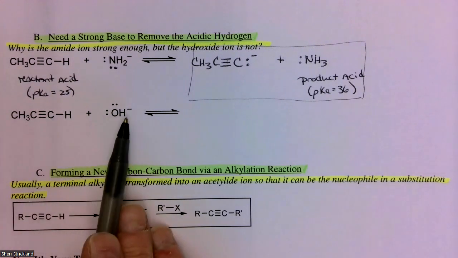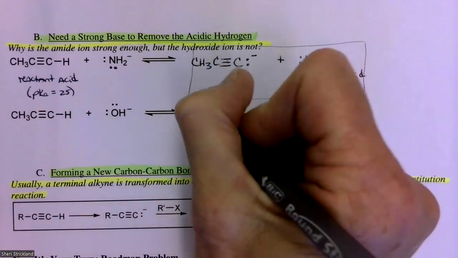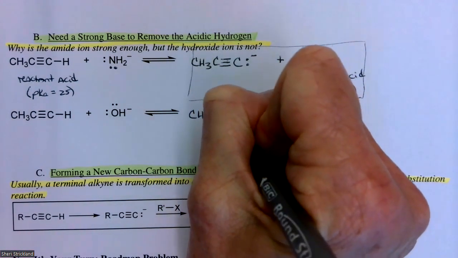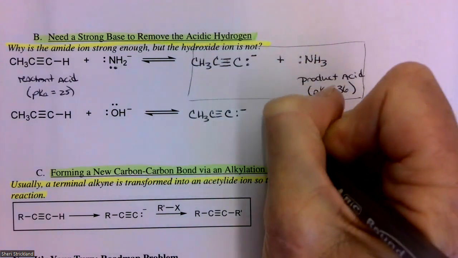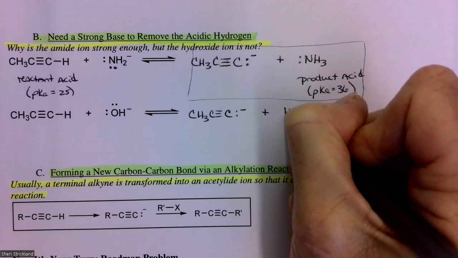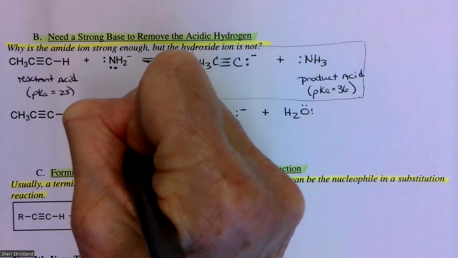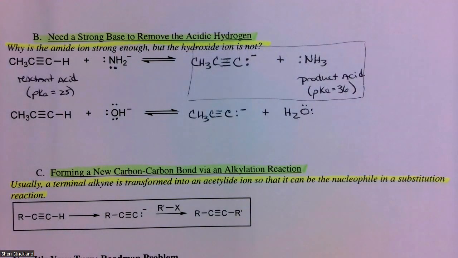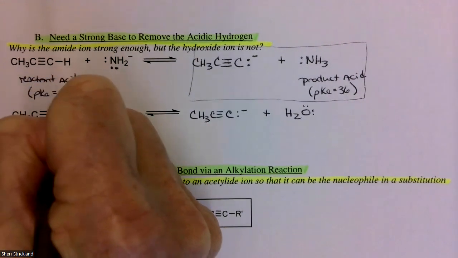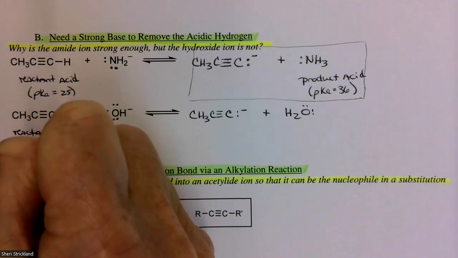But if you did the same thing with the hydroxide, where this is the acid, this is the base, so the predicted products would be the same alkynide ion, and then the conjugate acid of your base over here, which would be water. You're missing a pair of electrons too. Then the reactant acid has the same pKa right there.